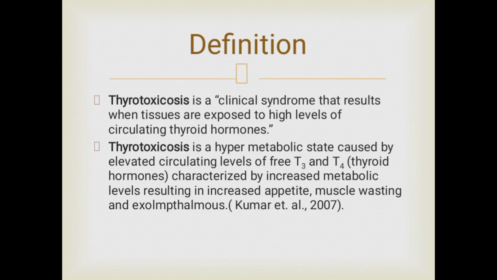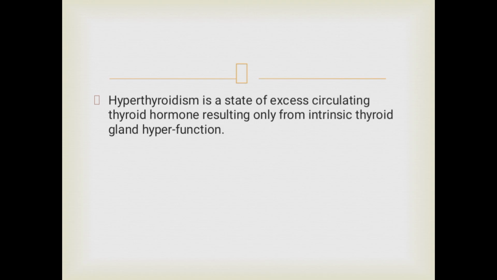So you need to understand it is a hypermetabolic state caused by elevated circulating levels of T3 and T4, characterized by increased metabolic levels that result in increased appetite, muscle wasting, and also exophthalmos. That should be your definition.